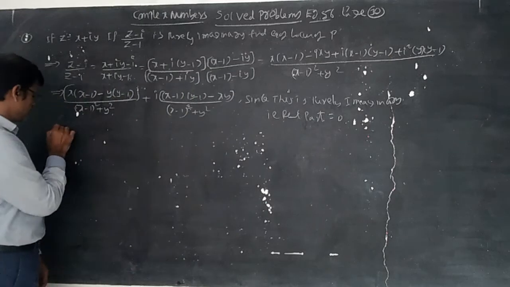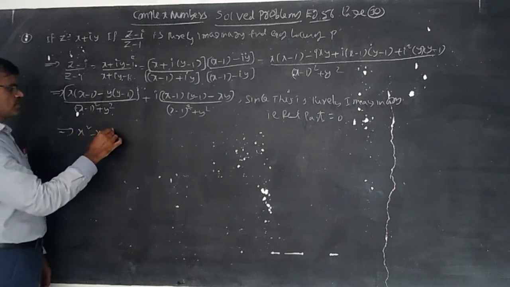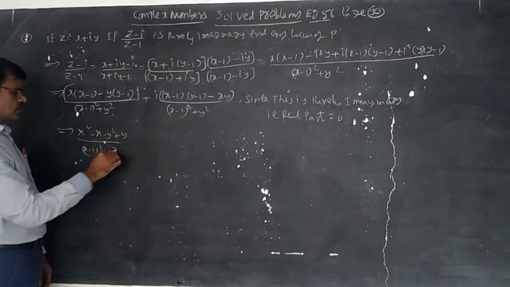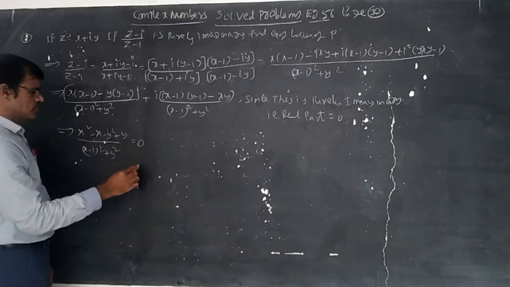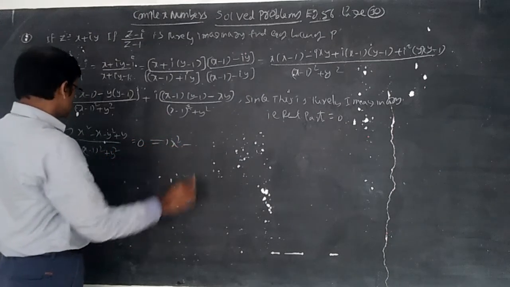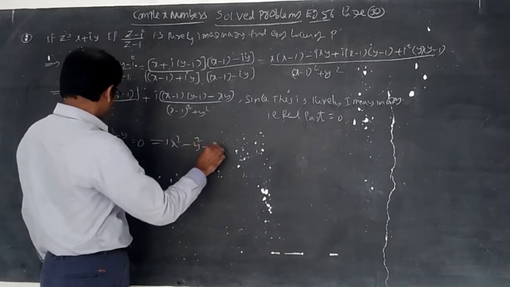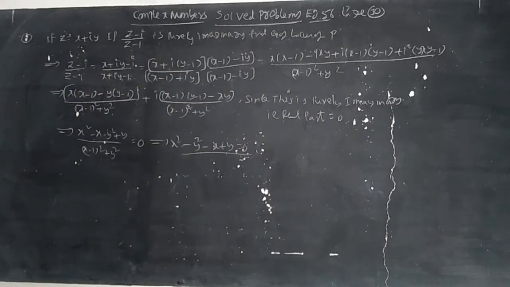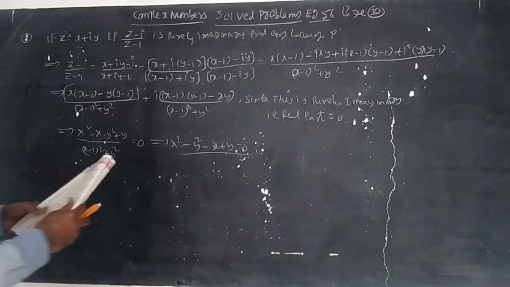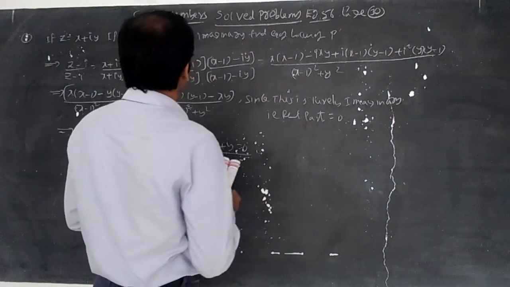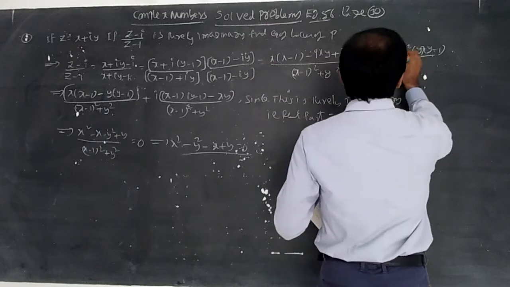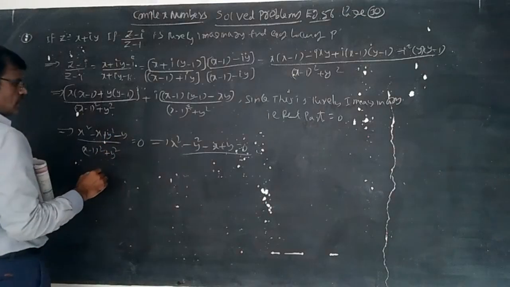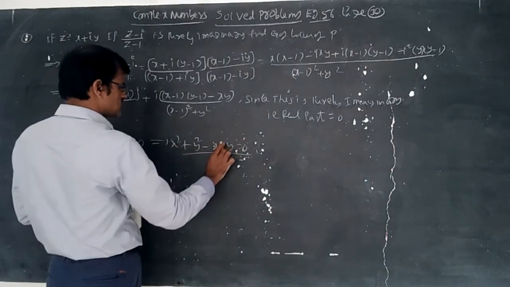We equate the real part: x square minus x plus y square minus y, whole by (x minus 1) whole square plus y square, equal to 0. I put it wrong here; minus i square becomes plus y. That implies x square plus y square minus x minus y equal to 0.